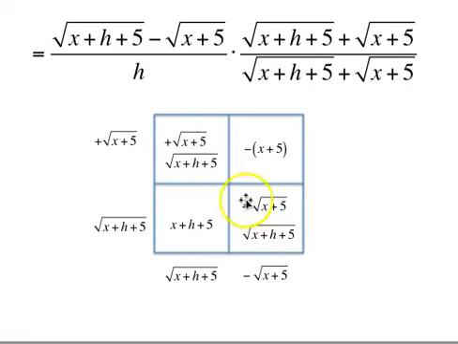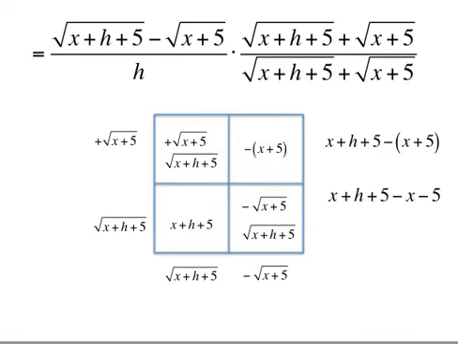So adding all these together, I have x plus h plus 5 minus x plus 5. Distributing the minus sign, minus x minus 5. And all that's left is h. So for all of that work, the only thing that's left in the numerator is h. And remember, this was f of x plus h minus f of x over h.